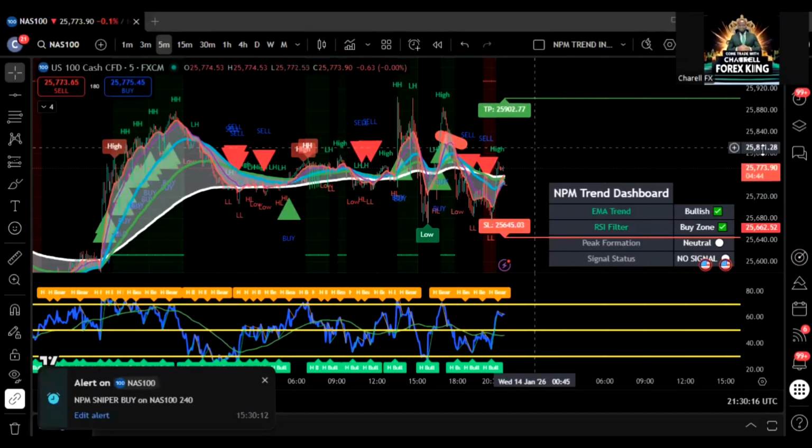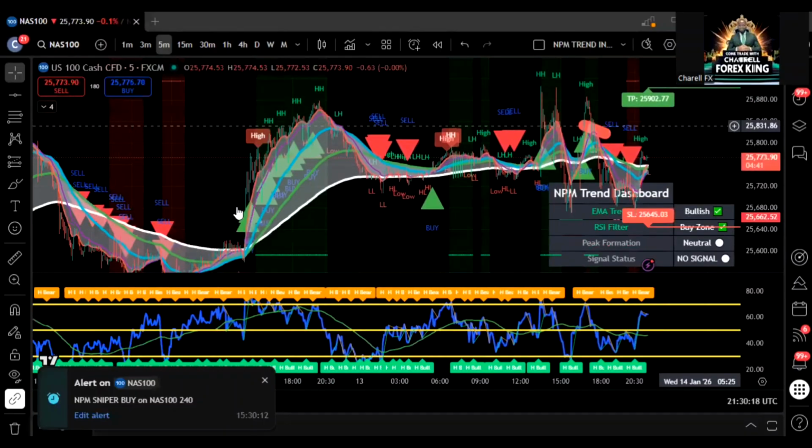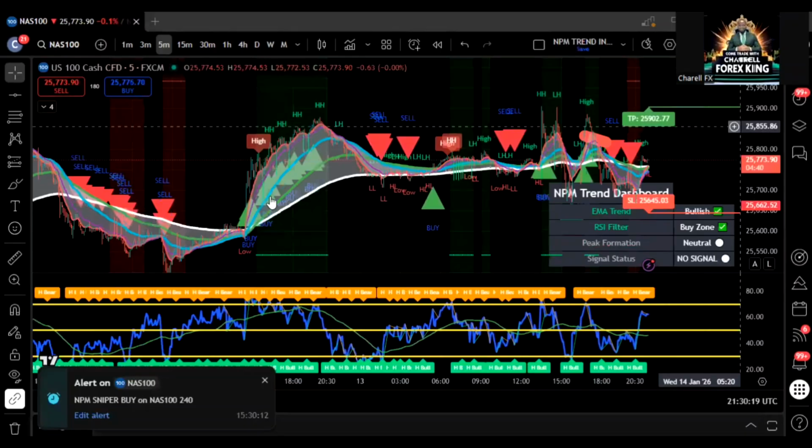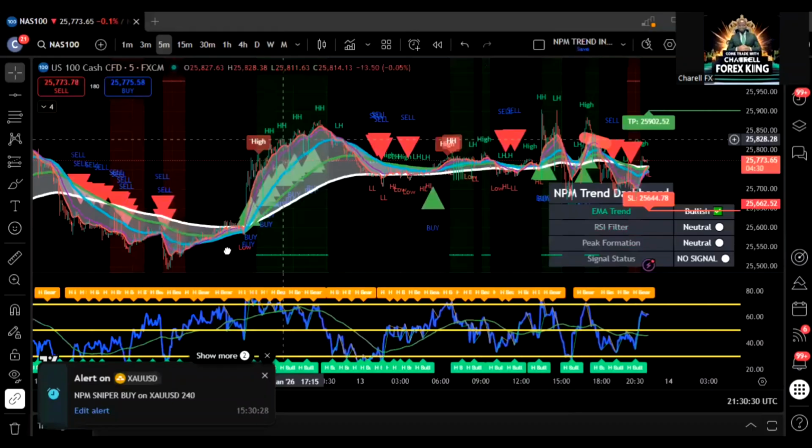Now let me explain to you uptrend and downtrend. When you see these EMAs, when you're above the EMAs, you're in a buy trend. When you're below these EMAs, like you see right here, you're in a sell trend.